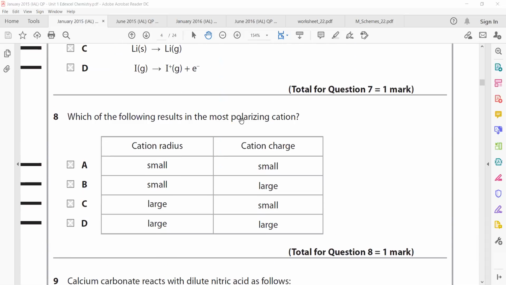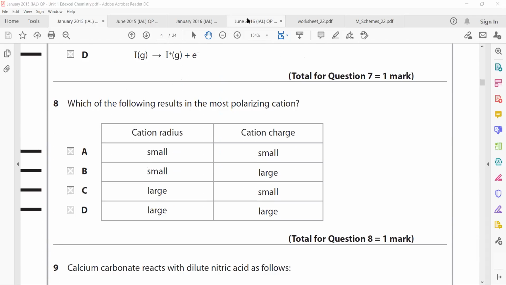In the question, which of the following is the most polarizing cation? Because the practical lattice energy and the theoretical lattice energy have a difference. Why do they have a difference? Because distortion is there, a negative ion distortion occurs.